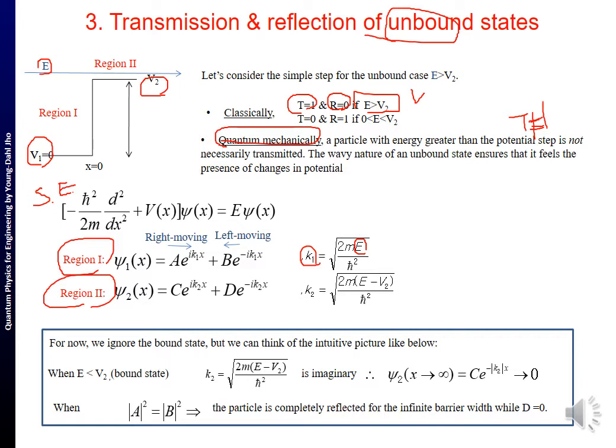In region 2, we have another wave function, C e^(i k2 x) plus D e^(-i k2 x). Here k2 is the square root of 2m(E minus V0) over h bar squared. So there is no exponentially decaying function, but they are all oscillatory parts.